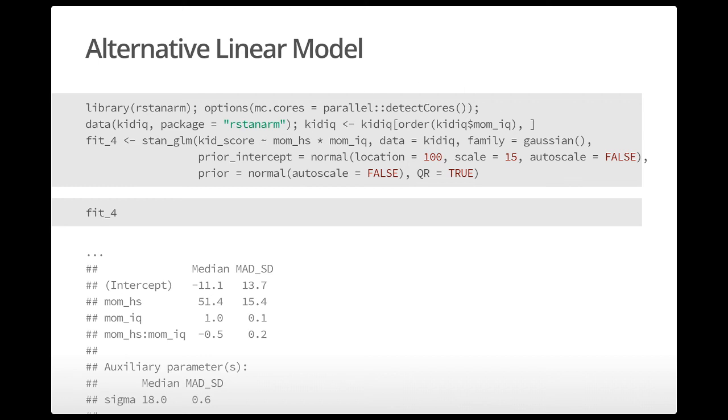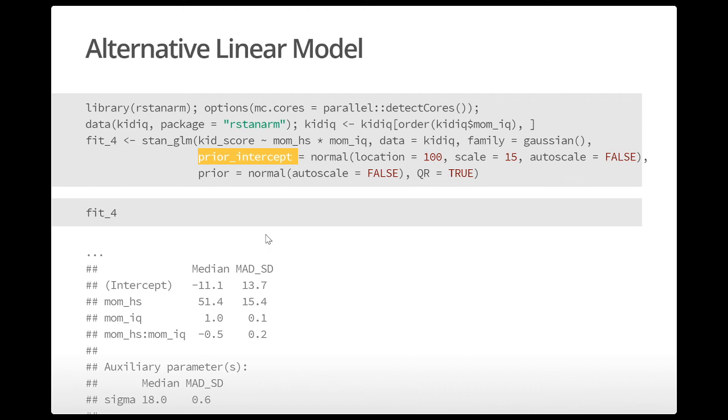This is an example where you probably should be able to specify a prior intercept, remembering again that all of these are going to be centered. So the prior pertains to what you expect the outcome to be for someone who has average values of the predictors. And IQ tests are scaled and measured so that the average is 100.